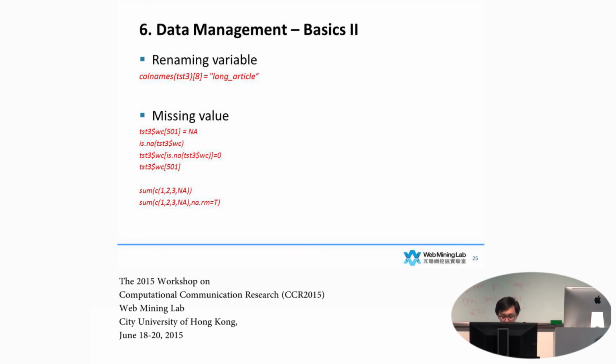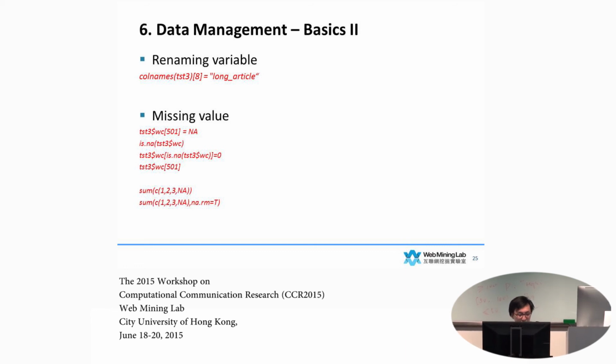So next is how to subset a data frame. Sometimes we just want part of the data. For example, just several rows, or sometimes we want several variables. That means sometimes we select some cases, but other times we want to select some variables. Okay, I will show you how to select the variables. There are many ways to select the variables.